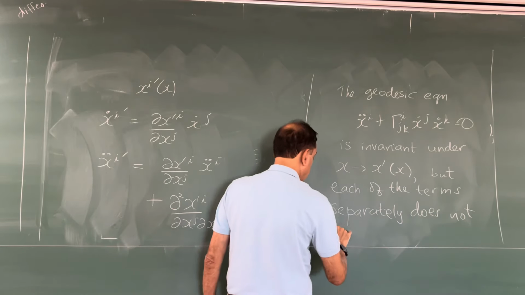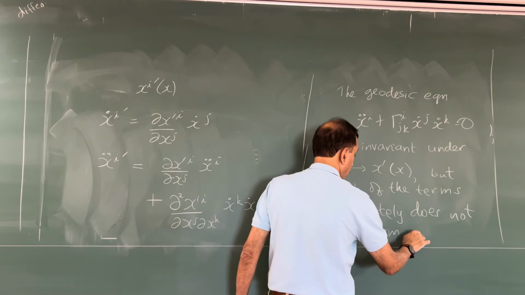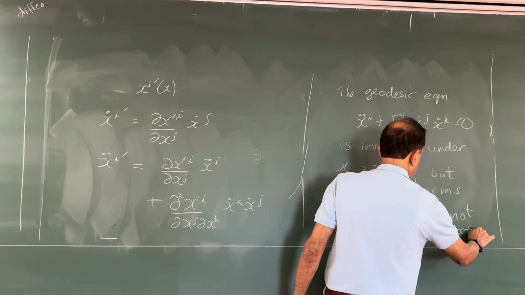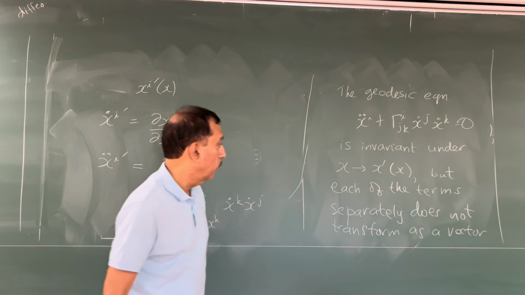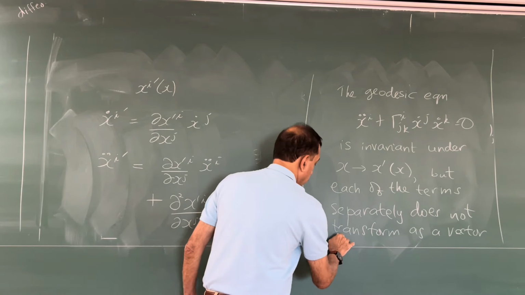And why not? Because there is an inhomogeneous term. Let me explain that and then I'll stop. So as a vector in this case, due to inhomogeneous terms.